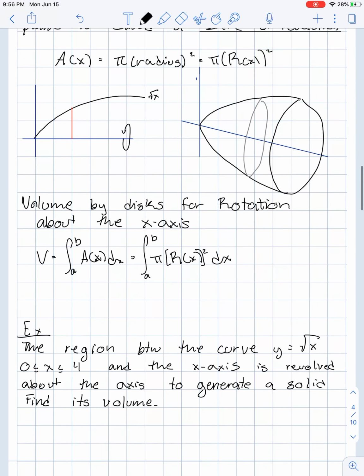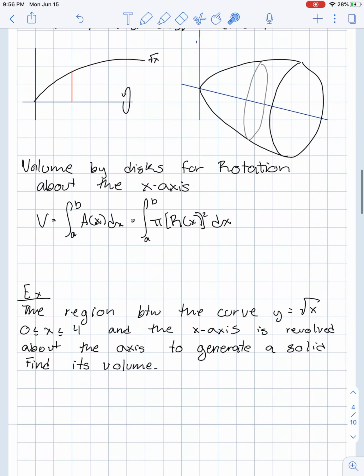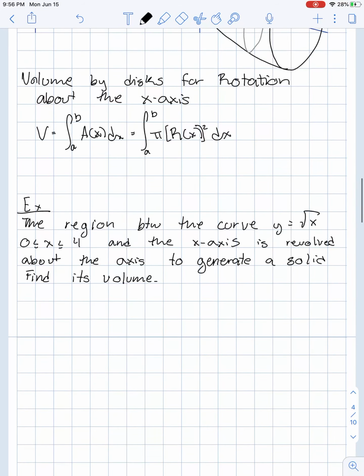So that's actually what's happening up here. This little red line is kind of my radius. That radius is going to change over time, and by time I mean my variable x. And when I rotate it, I'll get something like this.